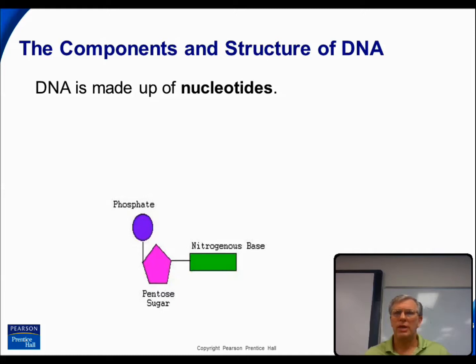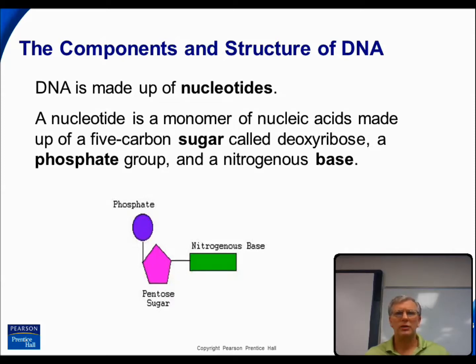First of all, they are made up of smaller building block units or monomers called nucleotides. A nucleotide is made up of 3 parts. In DNA, the nucleotide is made up of a sugar called deoxyribose, a phosphate group, and what's known as a nitrogenous base.